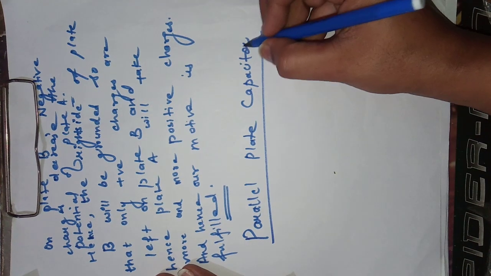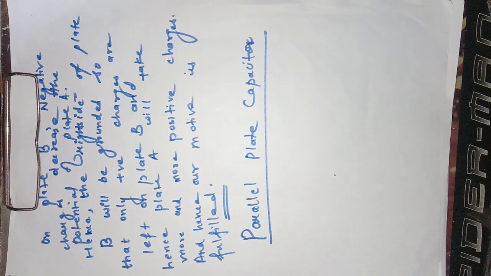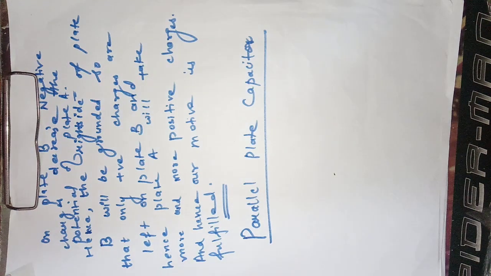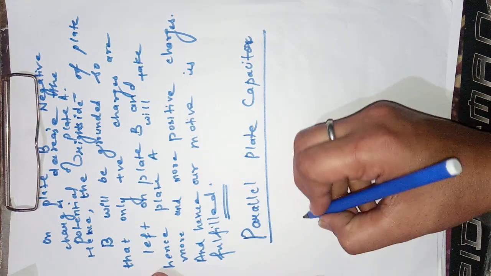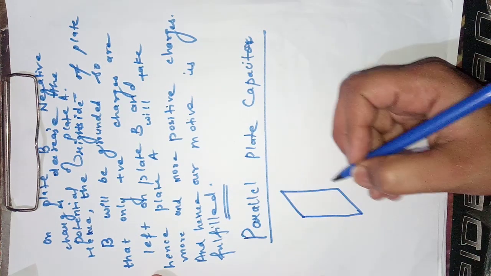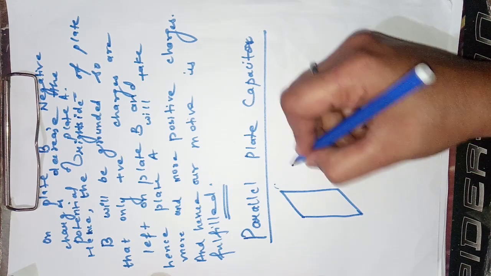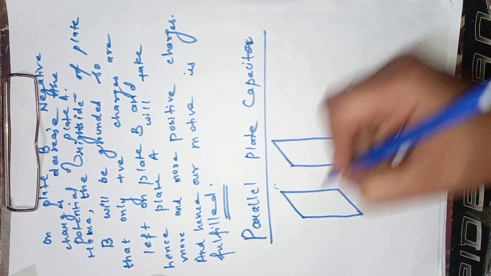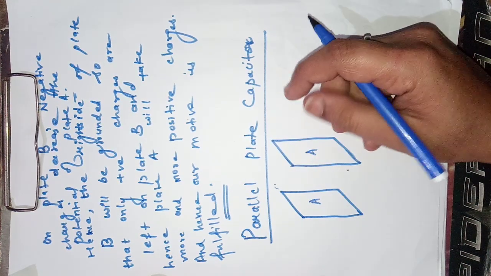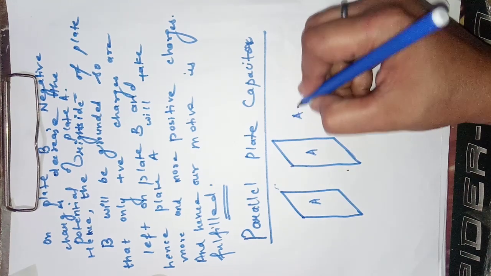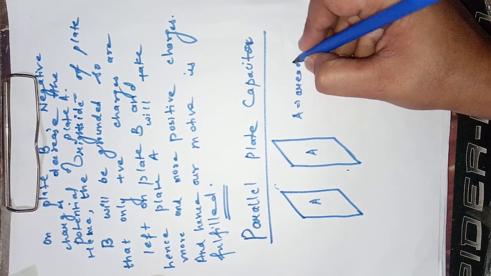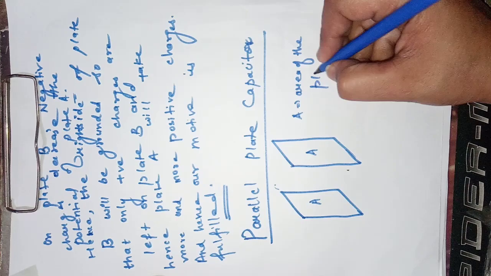As the name of parallel plate capacitor suggests, it consists of two plates. Suppose the area of these two plates is A respectively. Here capital A is nothing but the area of the plates.